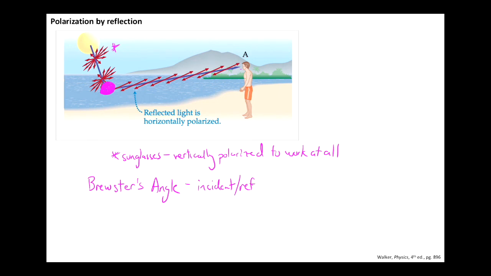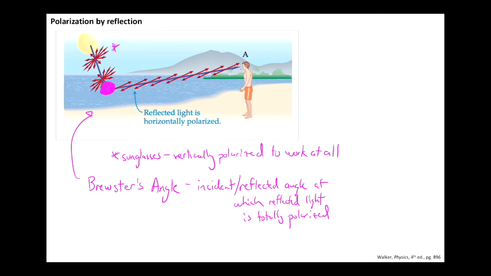Incident or reflected angle at which the reflected light is totally polarized. So it's kind of the ideal case, which is really what's being described up above, the ideal case where we have complete polarization as opposed to maybe something that's tending toward one particular direction.